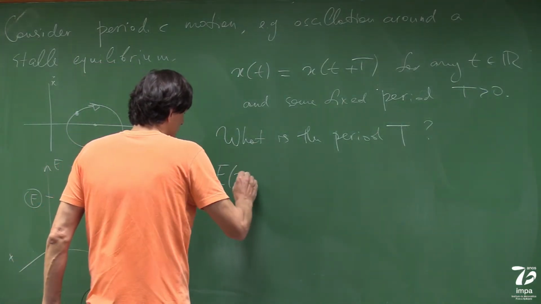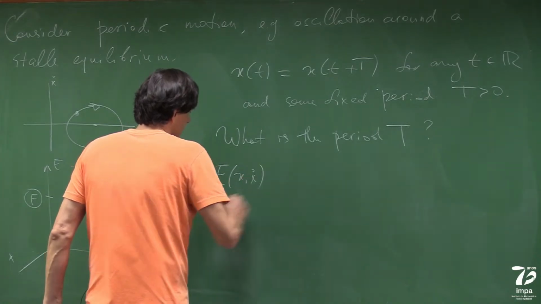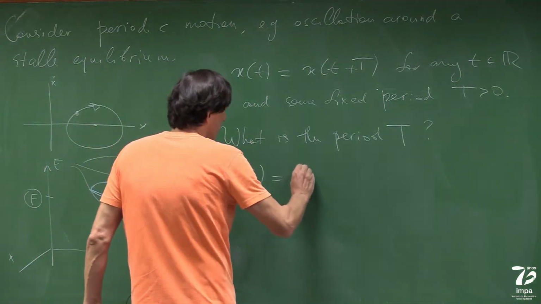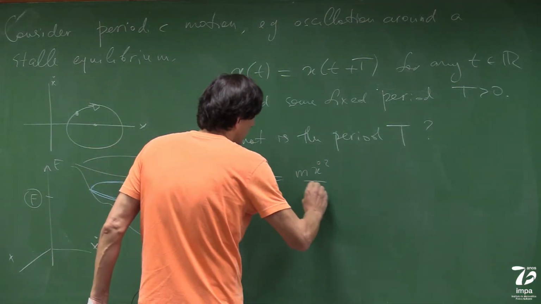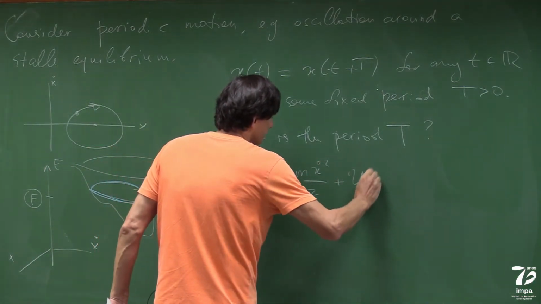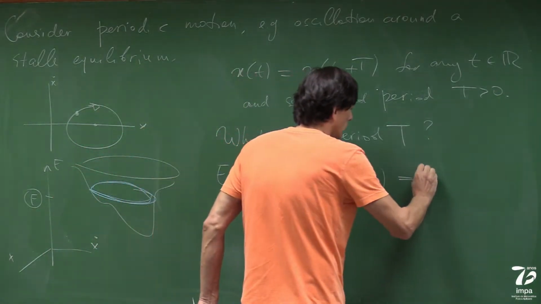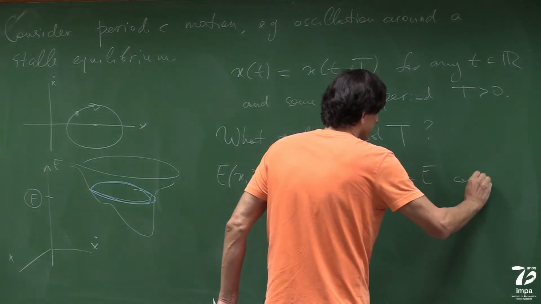So energy, which is a function of coordinates and velocities, is m x dot squared by 2 plus u of x. And this is conserved, right? So let's say equal to a constant E.